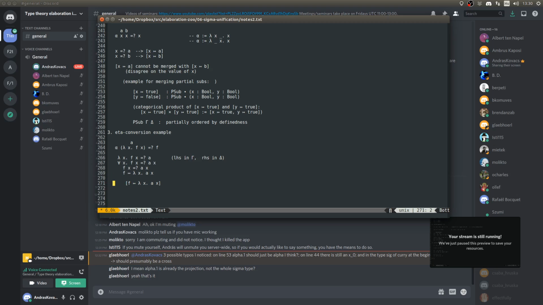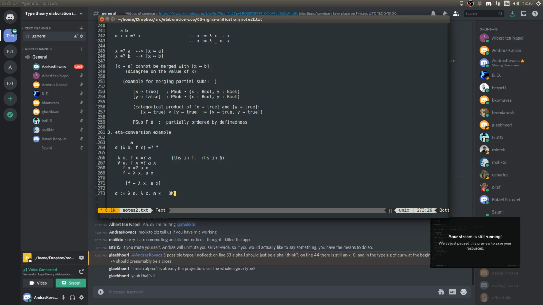Okay, and then this is the inversion of the spine. So now the solution becomes lambda a dot, and then we apply this inverted substitution to f, lambda x ax.